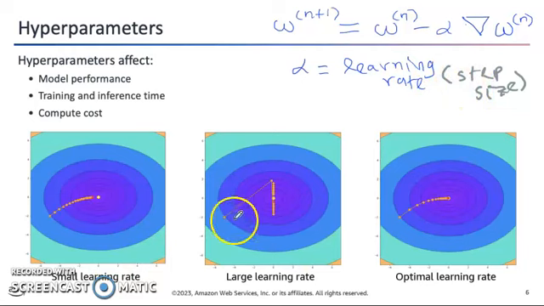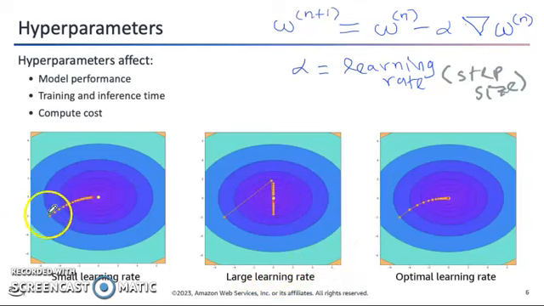And so this is an illustration of how much the optimization would struggle to converge to the local minimum value. On the far left, the learning rate is set to a very small value. In the middle it is set to a large value.